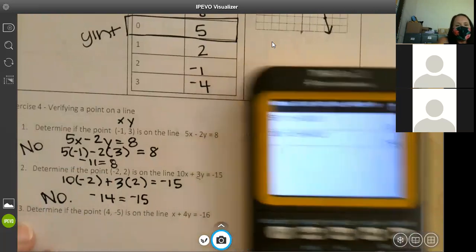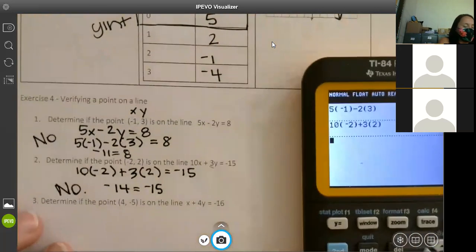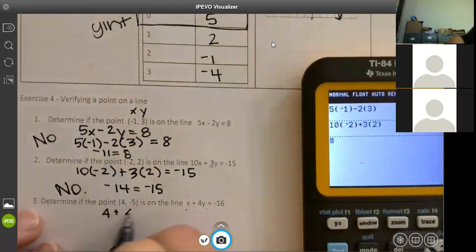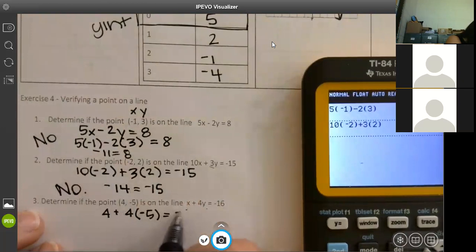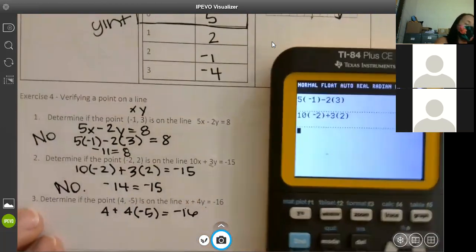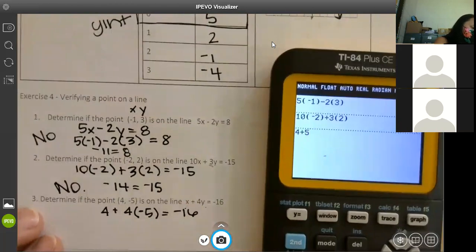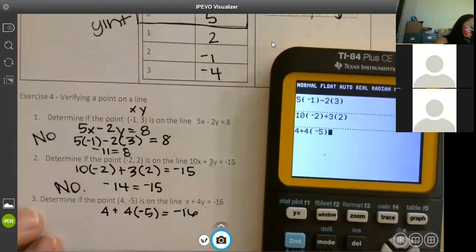What's our next equation going to be? I'm going to plug in for x and I'm going to plug in for y. So what is x? Plus 4 times, what is y? -5 equals -16. Plug it into your calculator. 4 plus 4 times -5.